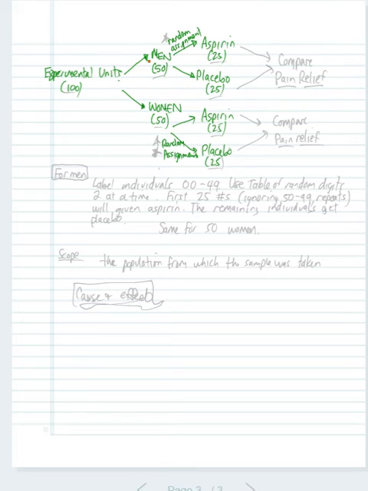So once we have assigned the treatments, we will then measure some response variable, and we will compare. But you need to tell me what it is that you are comparing. In this case, we will be comparing pain relief. And we will do this individually within each block.